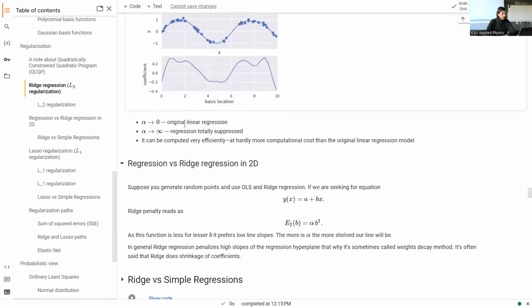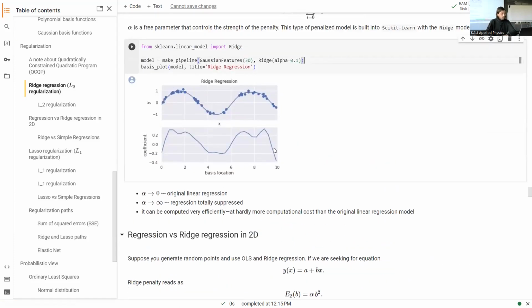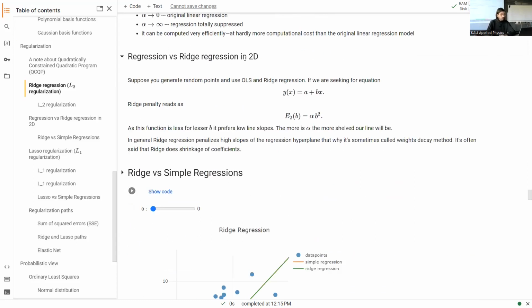When my alpha gets to 0, I get what? The original linear regression. I'm just losing the part that was confining my parameters, and I'm getting just the original linear regression. When I get alpha very big, I have a very big influence of that restriction that I have put on my parameters, and it means that basically regression is suppressed. So I don't get anything meaningful from that.